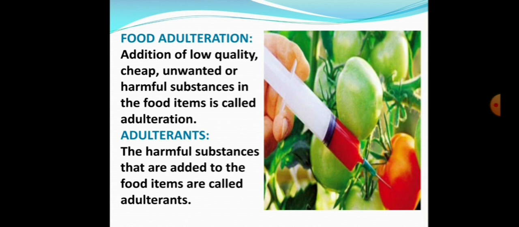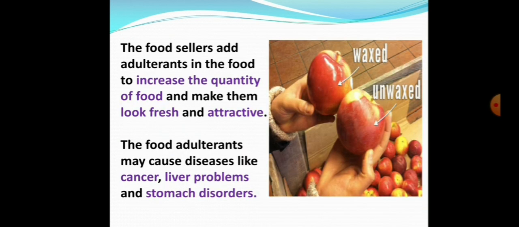Now, why do people adulterate the food? Why do people add harmful substances in our food? You have seen in rice also, sometimes small white colored stones are added. We are not giving money for those small white stones. We are giving money for rice, but still they are added. Why are shopkeepers doing all these things? Food sellers add adulterants to increase the quantity of food.